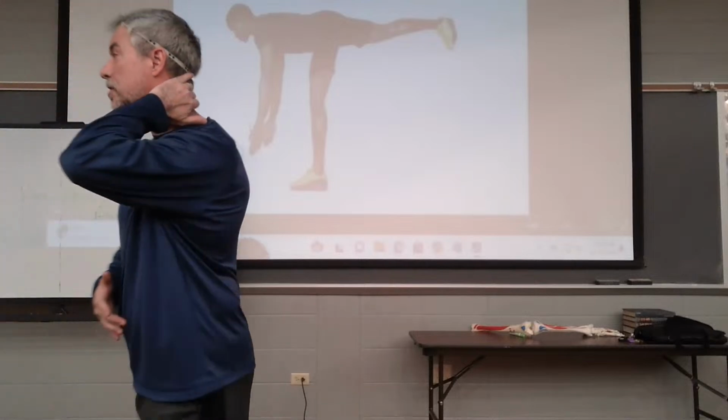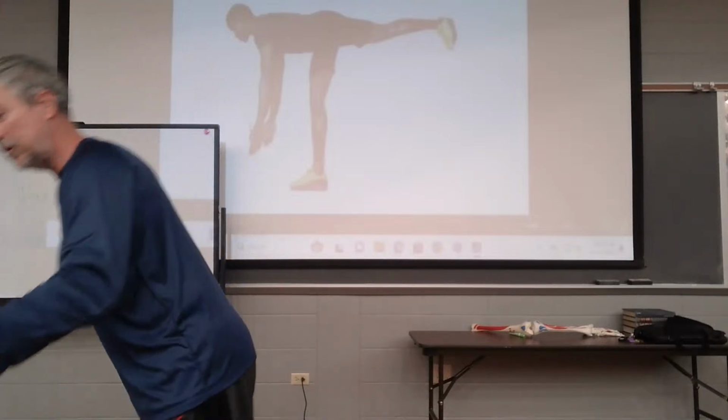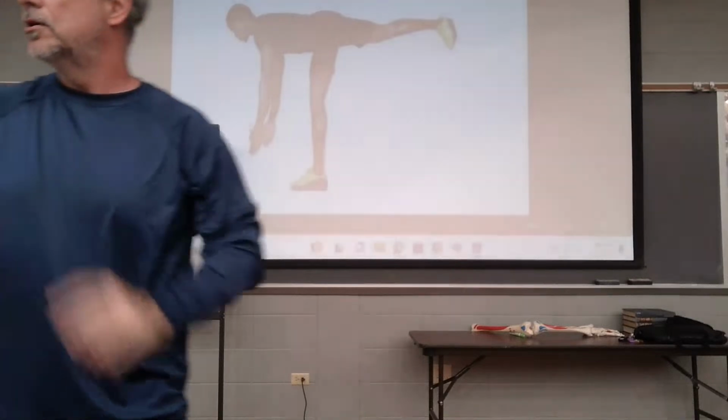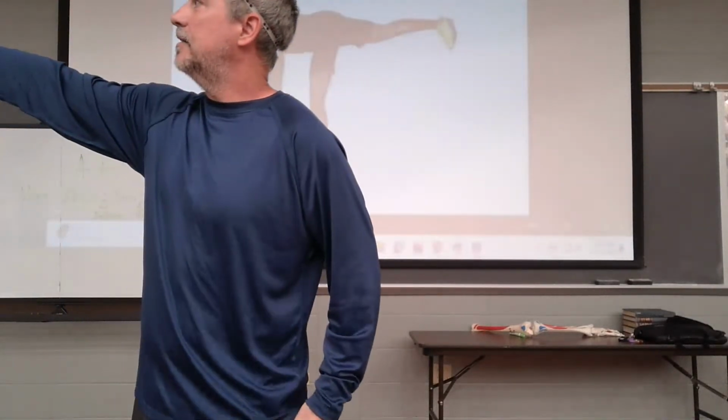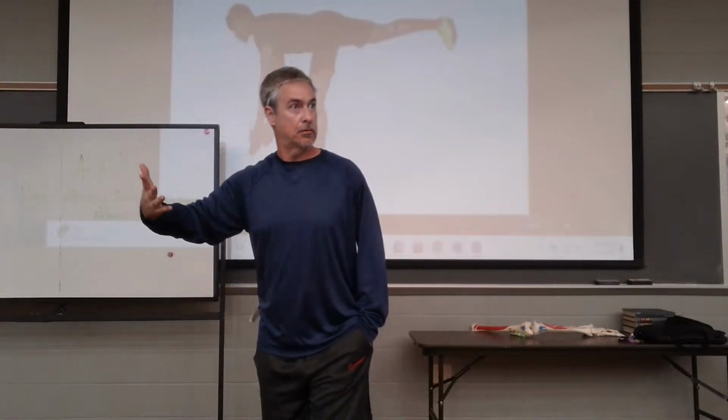Just like you need your cervical extensors because gravity's trying to flex you, because it's like a teeter-totter and there's more stuff on one end than the other. Does that make sense? So for this one-legged deadlift, we need right hip extensors.